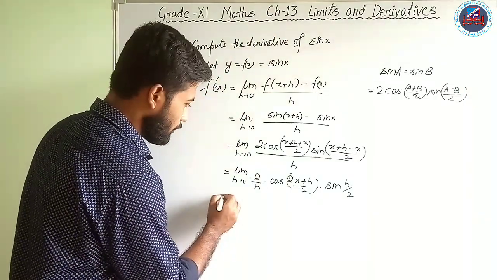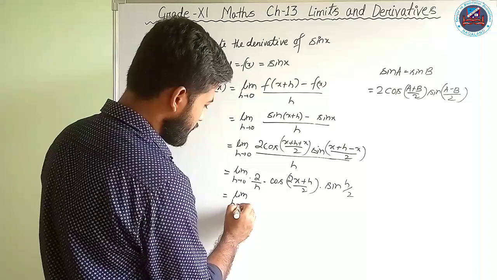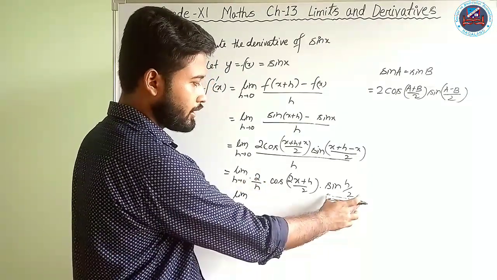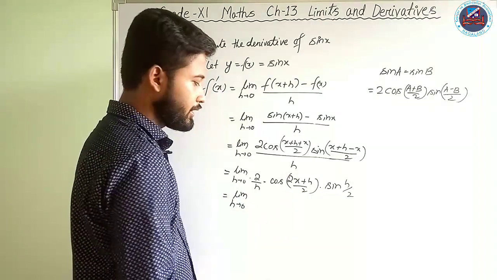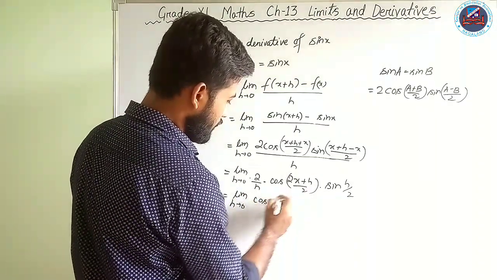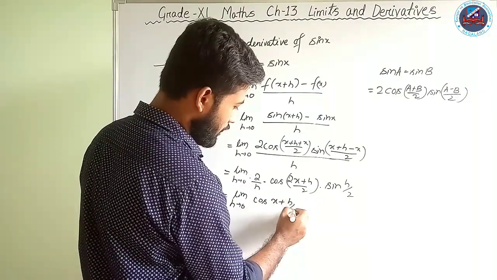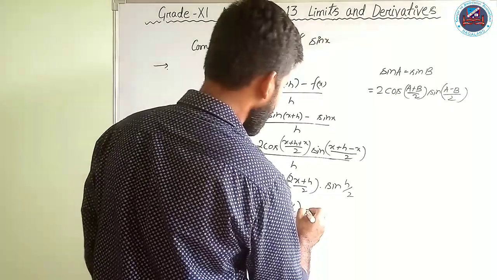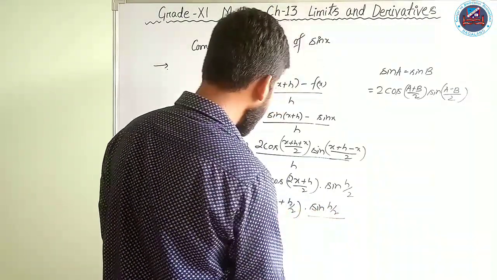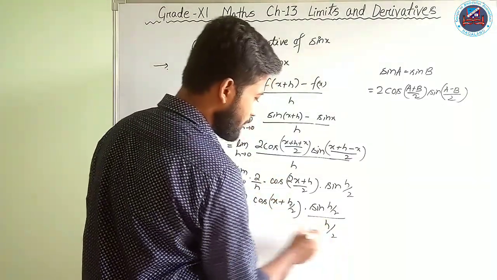Fine. Now that is equal to limit h tends to 0, and this 2 by h I can write with h by 2 in the denominator just by taking the reciprocal. So this will be cos of x plus h by 2 into sin of h by 2 whole divided by h by 2.